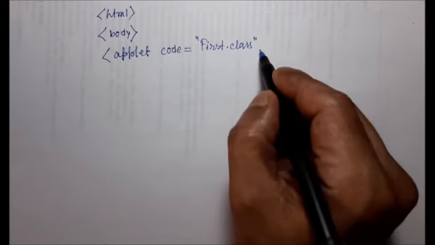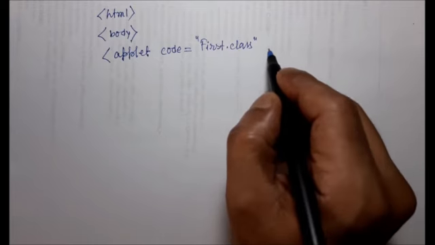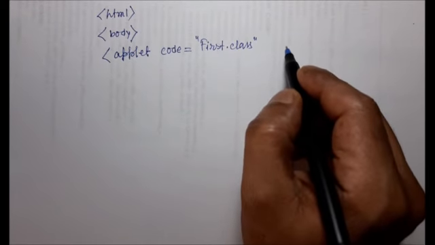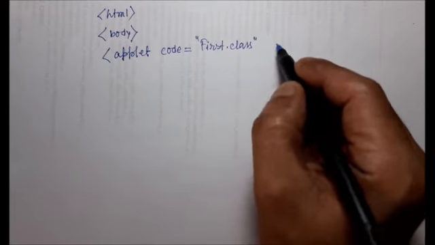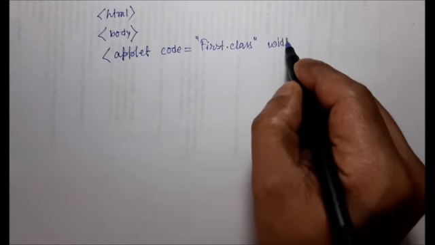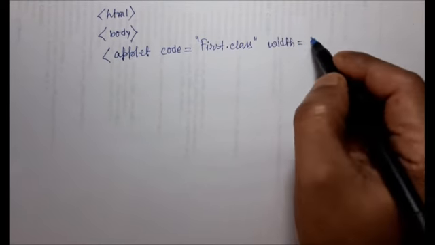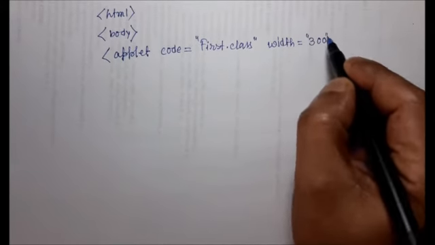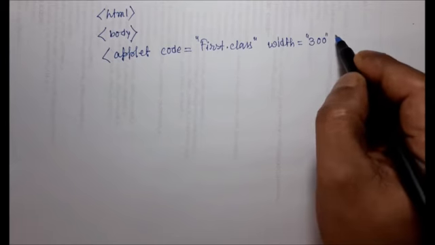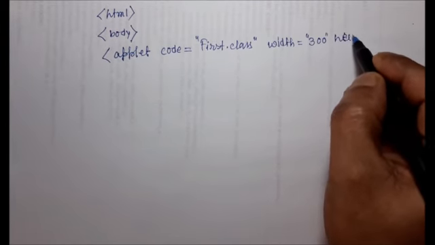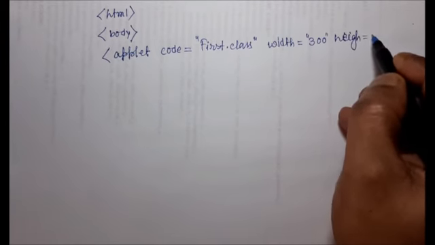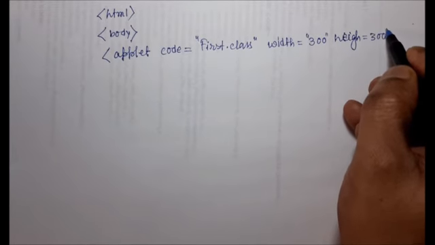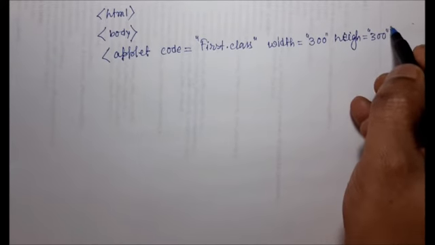Then we have to mention the size of the window, that is, the width, for example 300, you can take any number, and the height, for example 300, any number within the range.